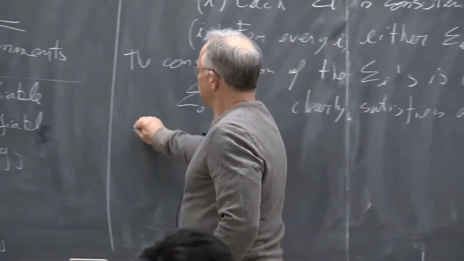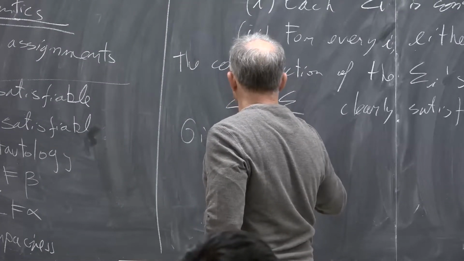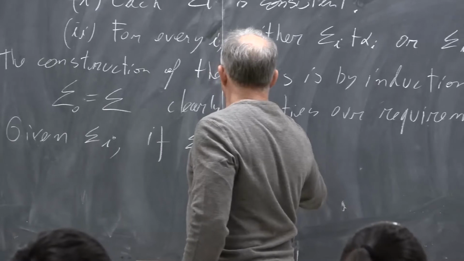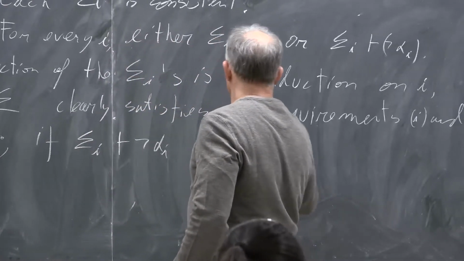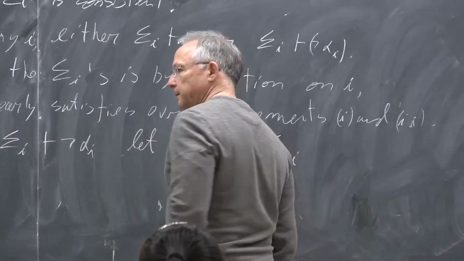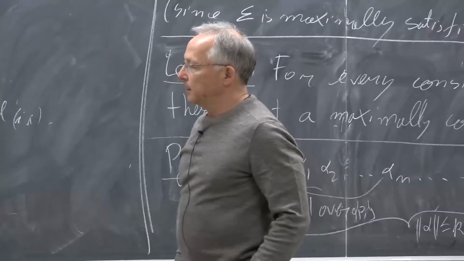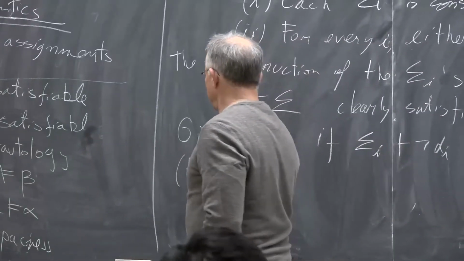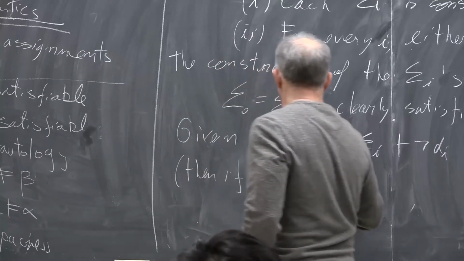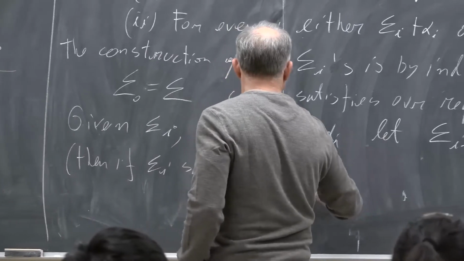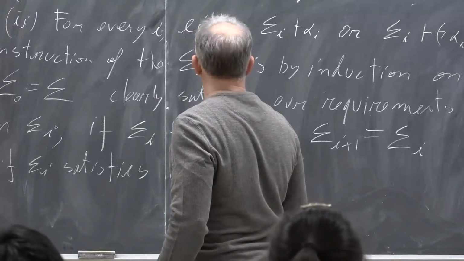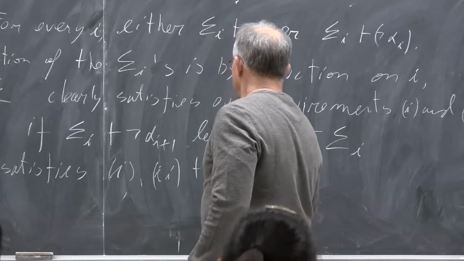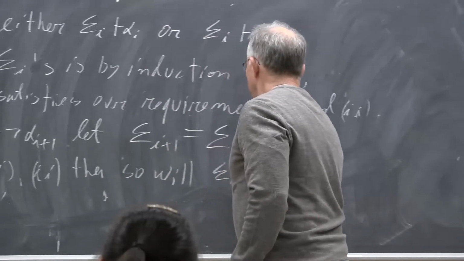And now, given sigma I, if sigma I proves alpha I plus 1, let sigma I plus 1 be just sigma I. So it's easy to see that if sigma I satisfies properties 1 and 2, then so will sigma I plus 1.